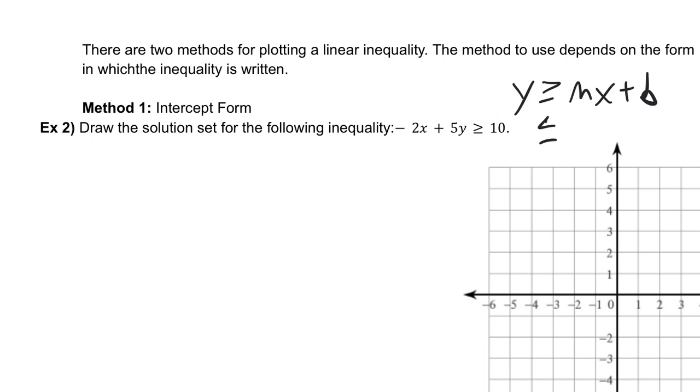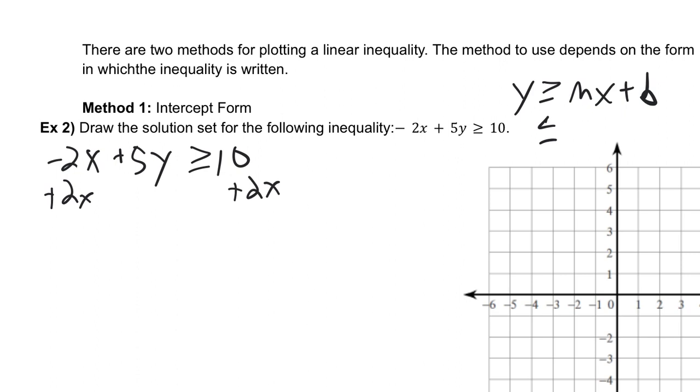So I'm going to take negative 2x plus 5y greater than or equal to 10. I just rewrote it, a little neater. Now I'm going to do the algebra that we have to do in order to rearrange it. I'm going to start by adding 2x. I am operating under the assumption that you all know how to do this because this is grade 10 stuff, actually grade 9 stuff to be honest.